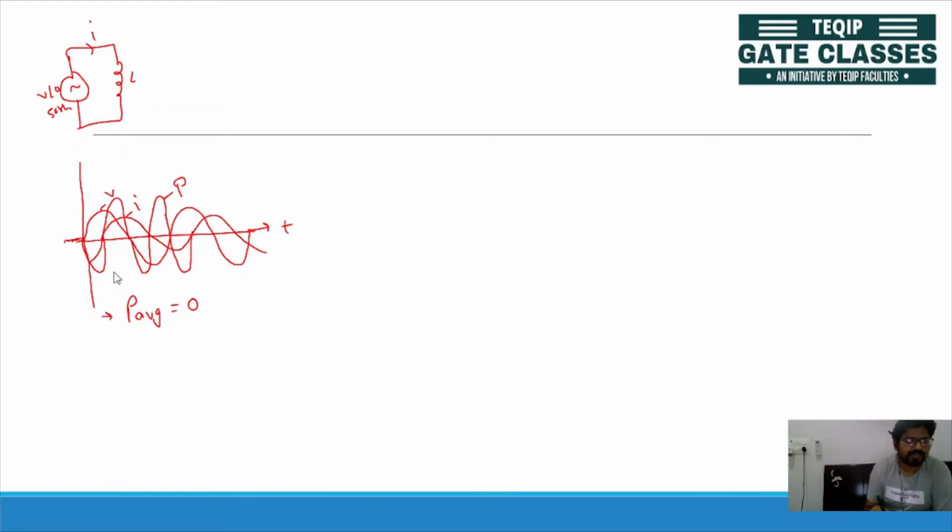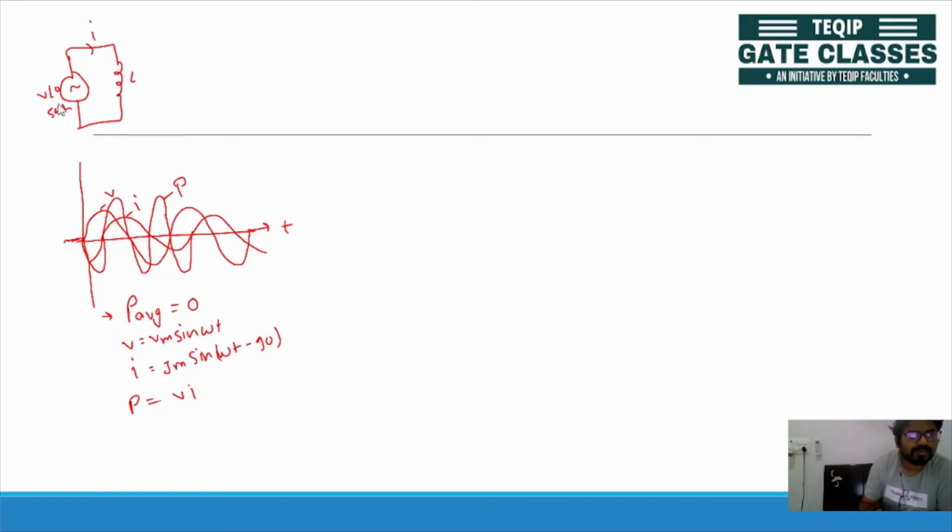Let's say your instantaneous voltage V = Vm sin omega t, and your current is lagging, so it will be Im sin(omega t minus 90). If we calculate the power VI, then sin(omega t minus 90) will be minus cos omega t, and it will become Vm Im by 2 sin 2 omega t, and the average value will be 0.